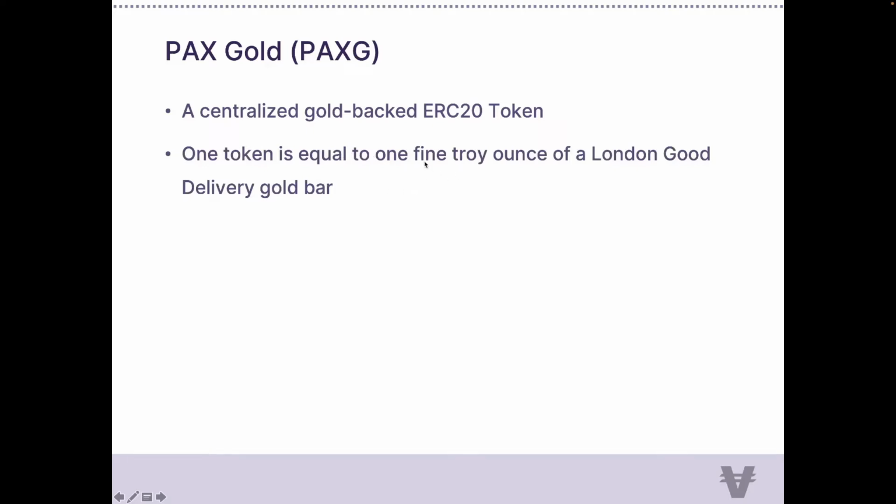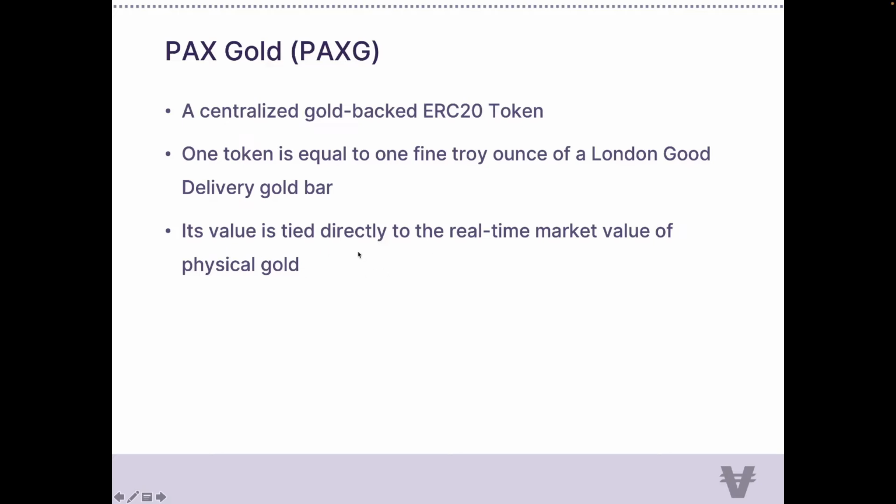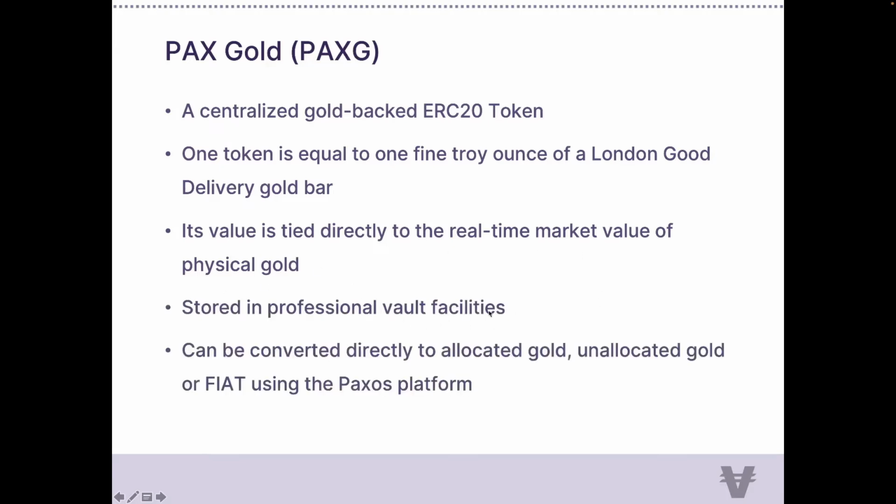I haven't looked that much into what this is exactly defined as, but we can say that it's tied directly to the real-time market value of physical gold. It's stored in professional vault facilities, and it's convertible as it can be converted directly to allocated gold, unallocated gold, or fiat using the PAX platform.